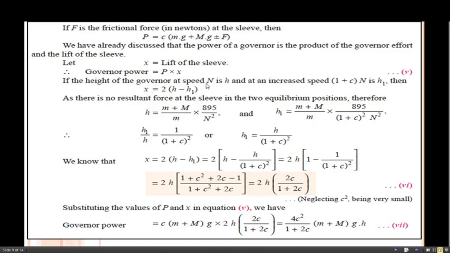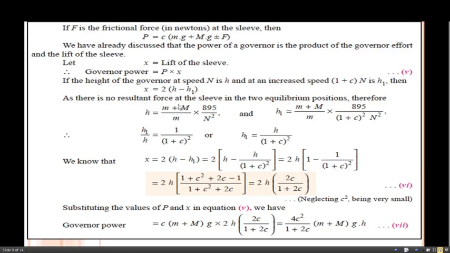If the height of the governor at the speed n is h, and at the increased speed the height is h1, then the lift of the sleeve is 2 into (h minus h1).